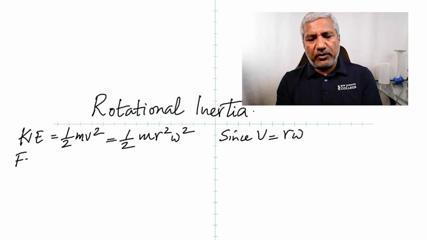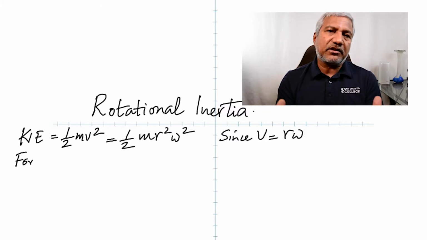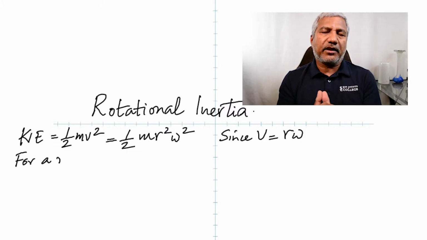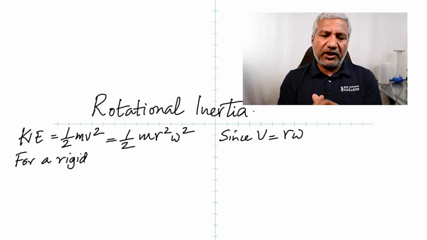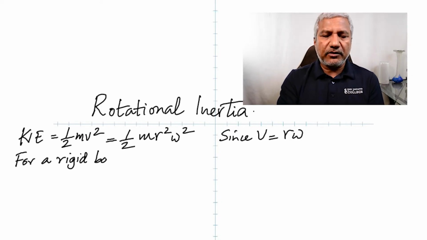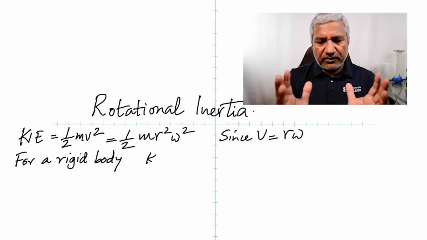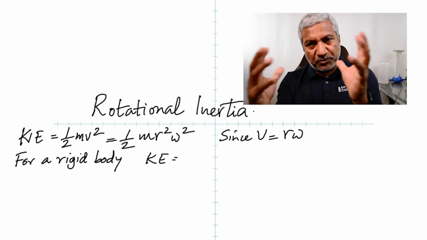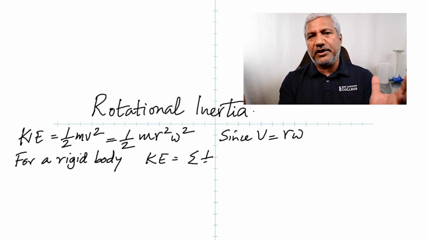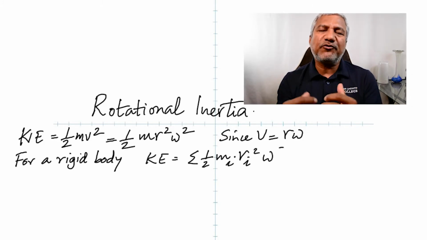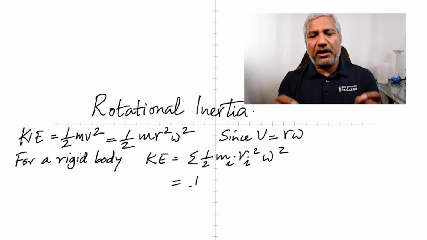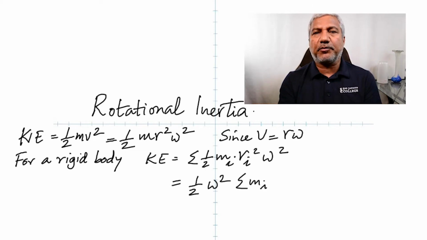And now we can consider a rigid object in which the distribution of the particles is continuous. And therefore, we can take the mass to be distributed uniformly. From there, it's possible to define sigma 1/2 m_i r_i squared, where i represents the ith particle.